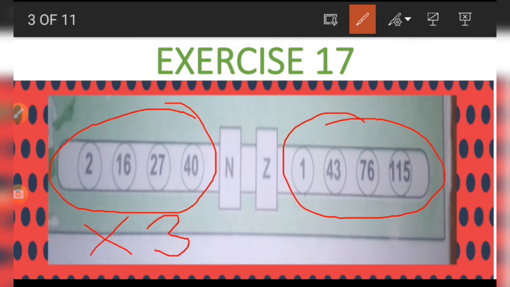What are these two imaginary numbers? Yes, the first one is times 3 and the second one is minus 5.